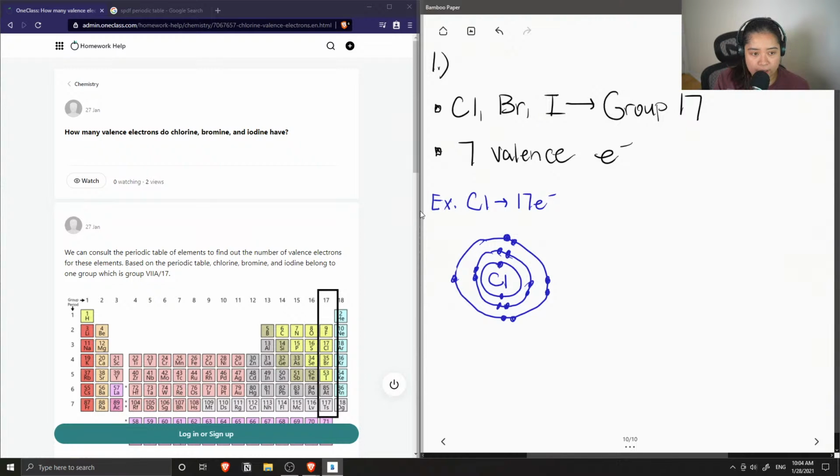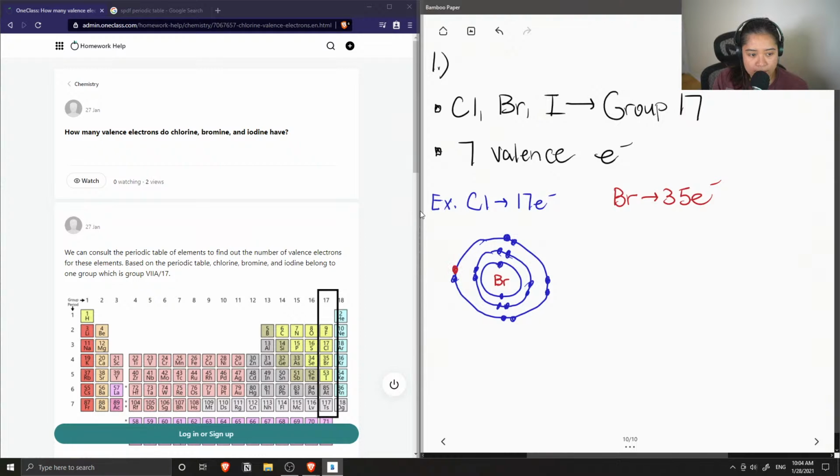And all the other atoms in this group follow the same trend. So let's say we had bromine now, which has 35 electrons. Just to save time, let's change this to a bromine atom.